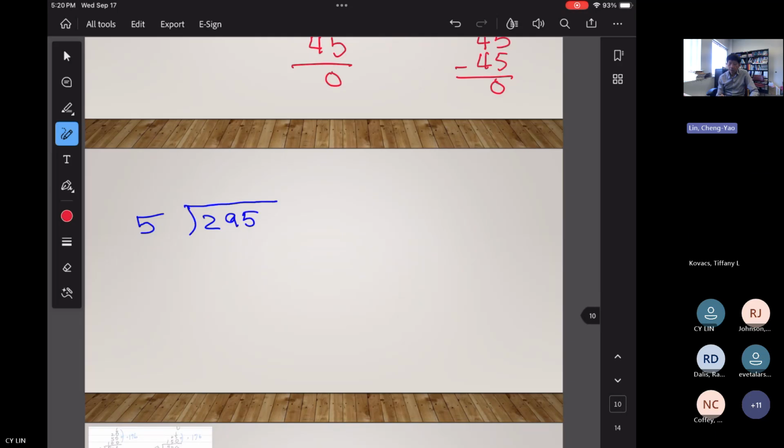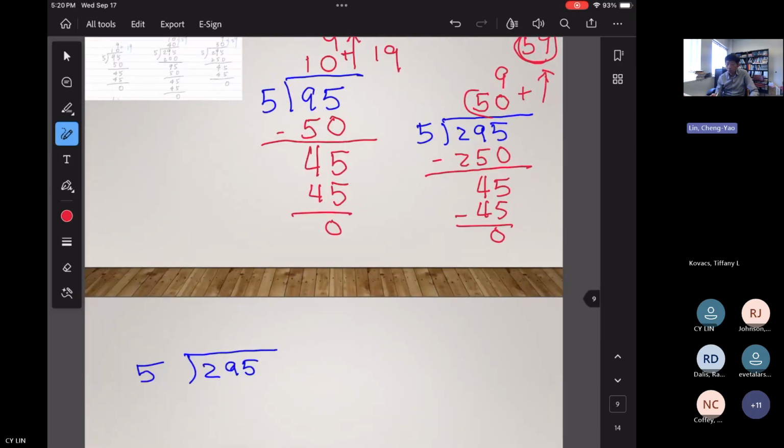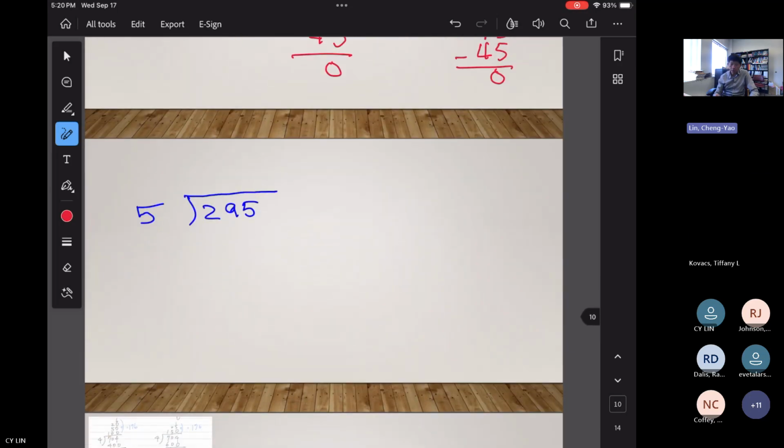Let's say I want to do 50 here. Okay. What about if I want to start with 40? And then I got 200. And I got 95. 295 minus 200, I got 95, right?